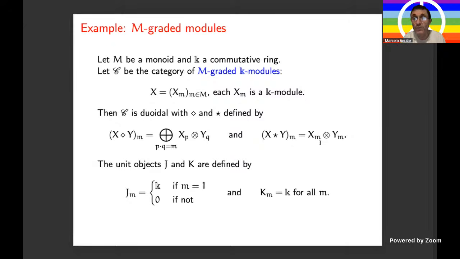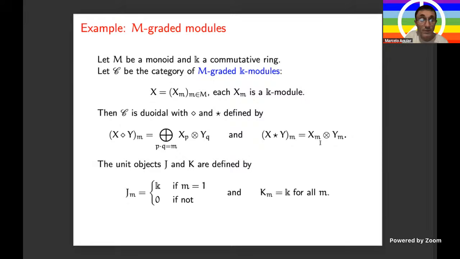Both give rise to a monoidal structure in the category C of M-graded K modules, and they are compatible. There is an interchange law that one can define. I'm not stopping here to show you how it is defined, but it is a natural inclusion that exists from the domain of the interchange law to the codomain of the interchange law. When you sit down and write it out, you see that one side sits naturally in the other.